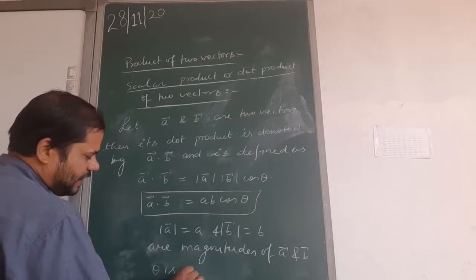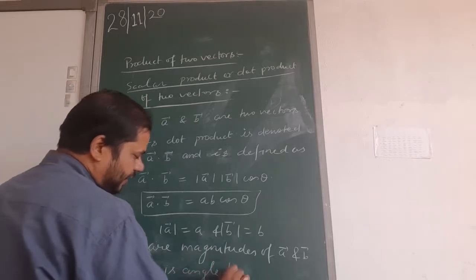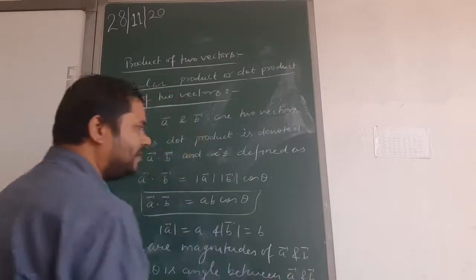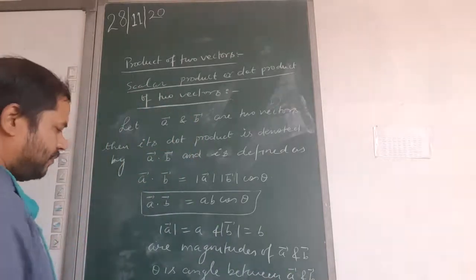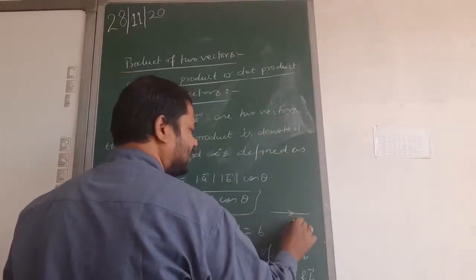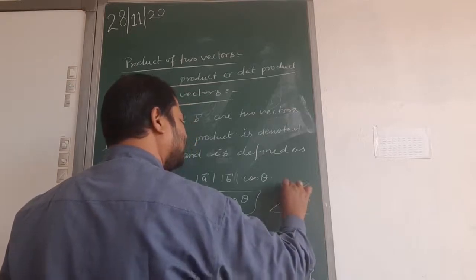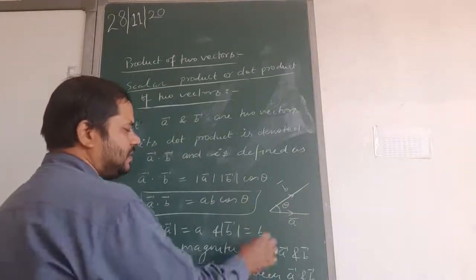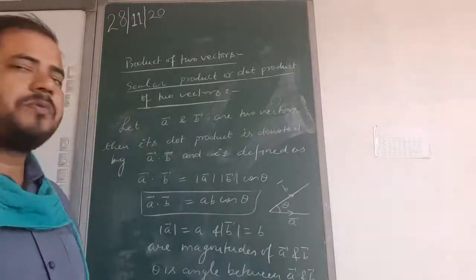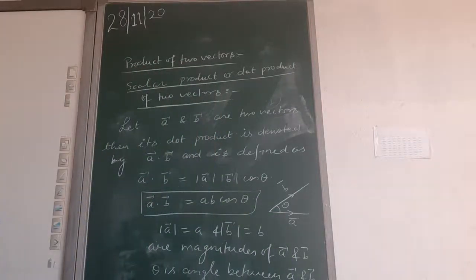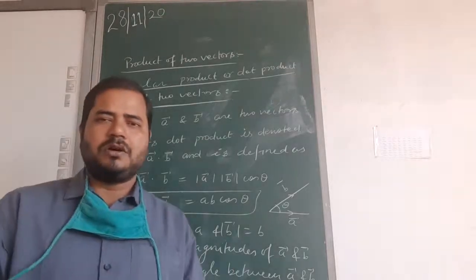Theta is the angle between A and B. Okay, so suppose A is a vector and this is B, and the angle between them is theta, then dot product of A and B is denoted by A dot B and is defined as mod of A mod of B cos theta. So note it down, and then we see some properties of dot product.